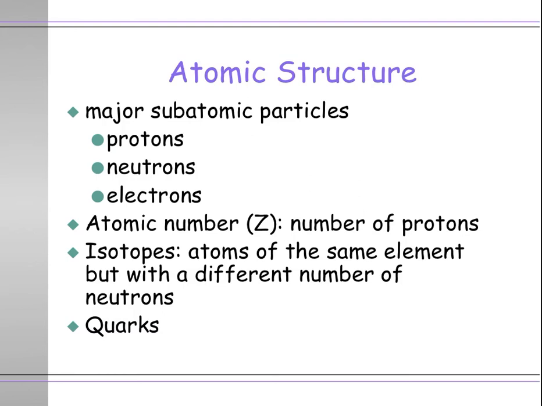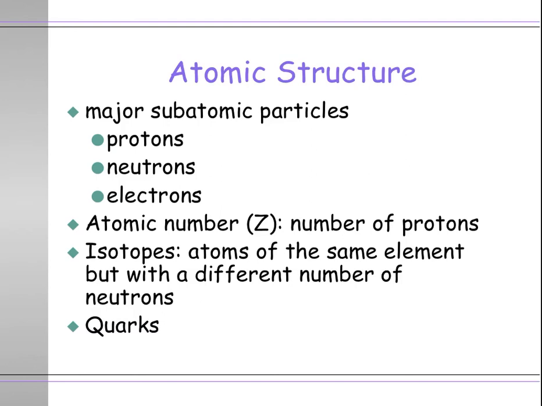Neutrons are our neutral items. Protons are positive, and electrons are our negative particles that we're focusing on. There is also the atomic number, which is represented by a Z. It tells us the number of protons for a particular element or atom. We do have isotopes for atoms. That's where they are the same element, so they have the same number of protons.